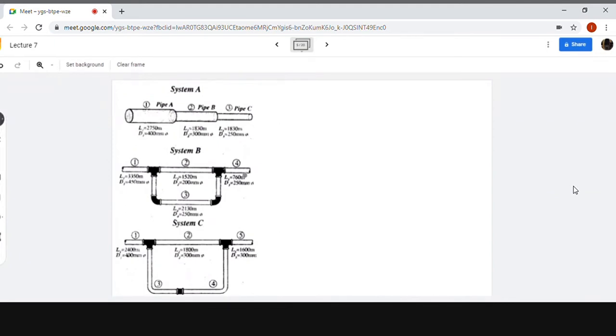So for B, head loss 1 plus head loss 2 plus head loss 4 is equal to head loss total, or head loss 1 plus head loss 3 plus head loss 4 is equal to head loss total, because head loss 2 is equal to head loss 3. And in terms of discharge, Q1 is equal to Q2 plus Q3 is equal to Q4.